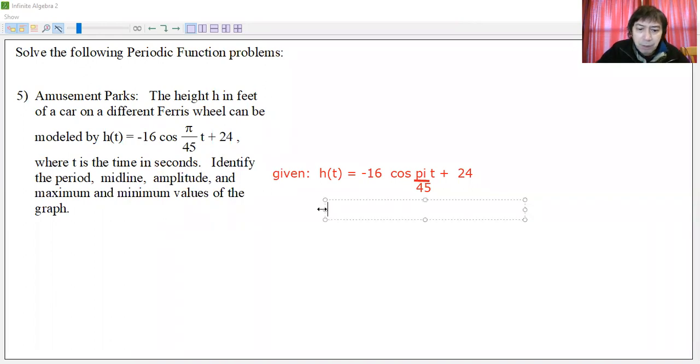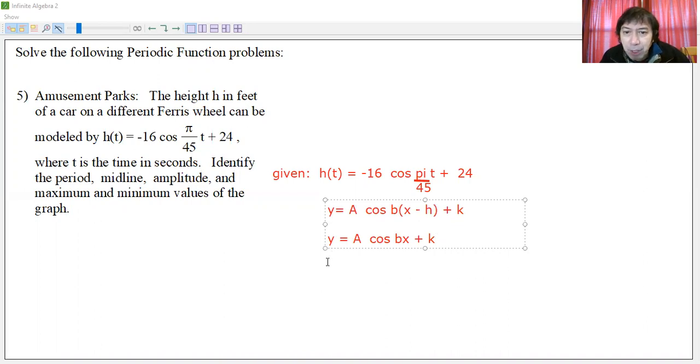We have y is equal to capital A for the amplitude, cosine small b times the quantity x minus h, plus k. In this case, we don't have the h. It's a zero horizontal translation. So this will be reduced to y is equal to capital A cosine bx plus k.